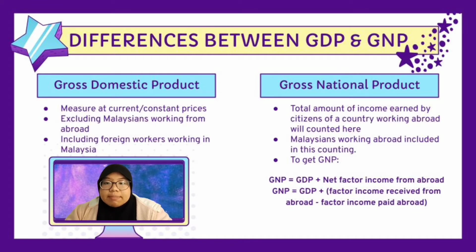Meanwhile, GNP only counts the total amount of income earned by citizens of a country. This is where Malaysians working abroad are included. GNP can also be called the sum of GDP. Hence, the calculation to get GNP is by adding GDP plus net factor income from abroad.